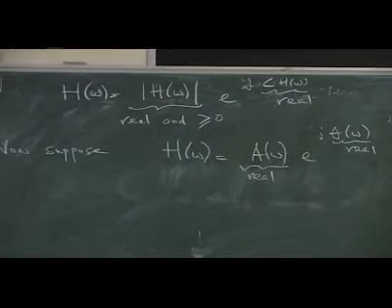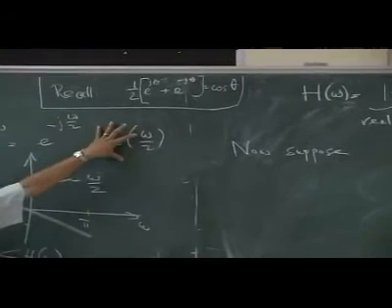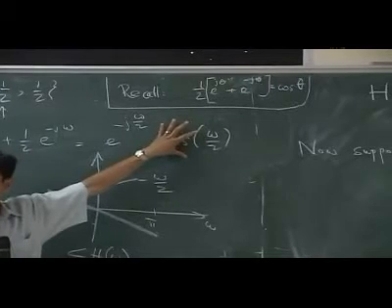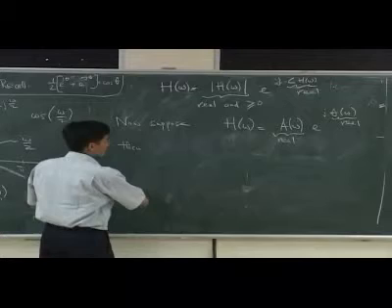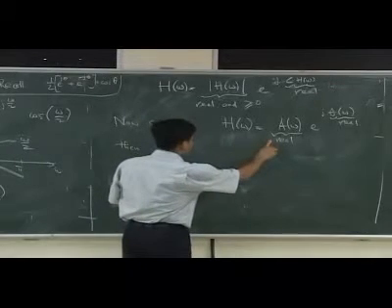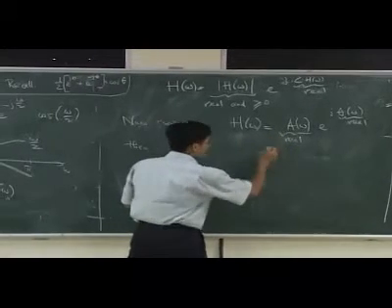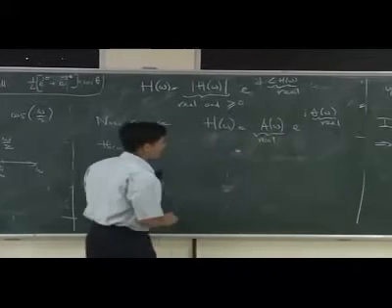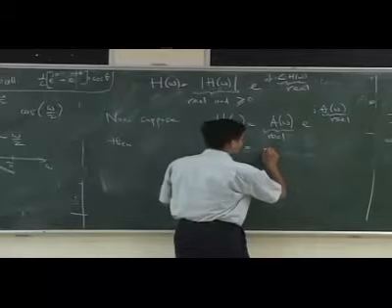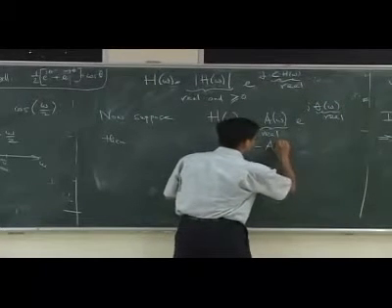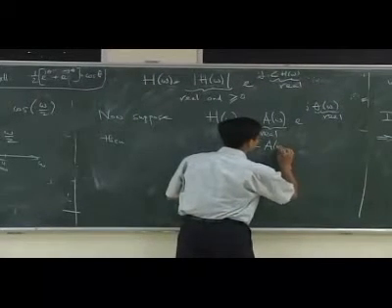But there's a case where this thing can dip. This part can go down to negative. Then if that was the case, I can write this thing as minus A of omega.